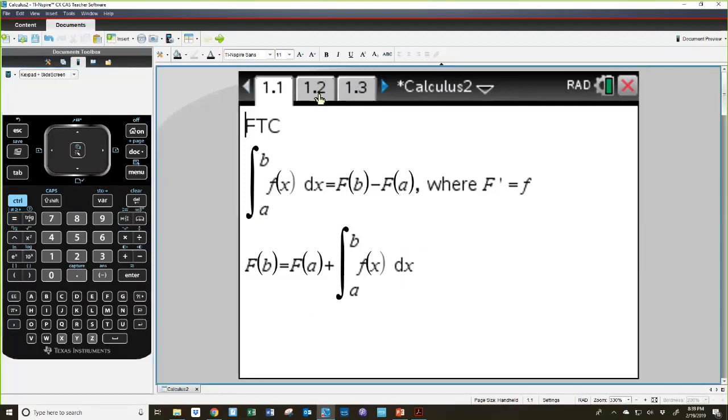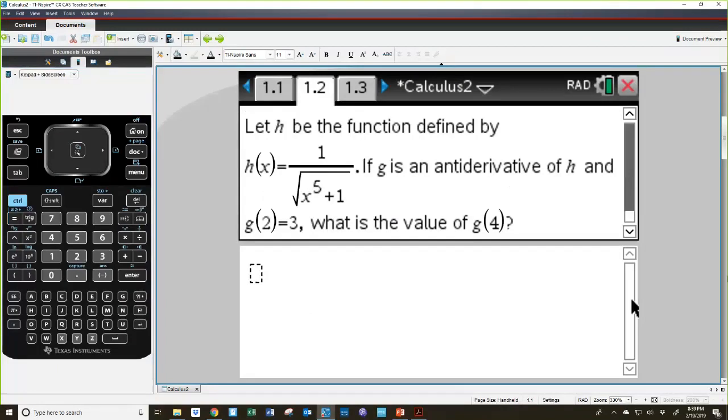So here is a problem that has been on a previous exam. We have a function h of x, which is 1 over the square root of x to the 5th plus 1. We are going to state that g is an antiderivative of h, and we know that g of 2 is 3, and we want to find the value of g of 4.